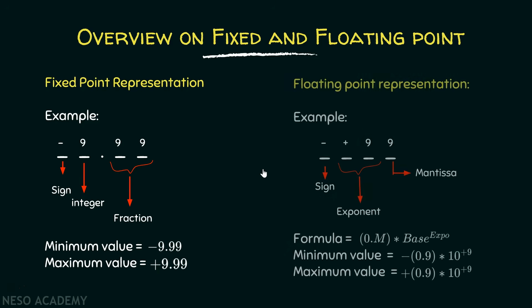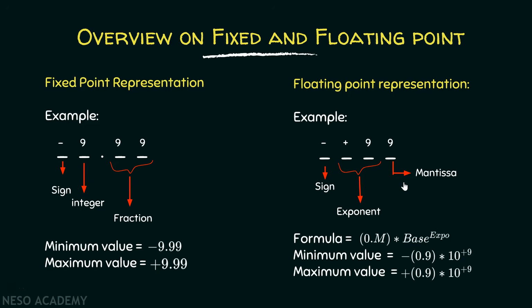Floating point representation, on the other hand, is quite unnatural way of representing real numbers. It requires formula to represent real numbers. For example, suppose again we have only 4 places to enter the digits. First place is fixed for sign, next 2 places are fixed for exponent, and the last place is fixed for mantissa, or you can say significant.